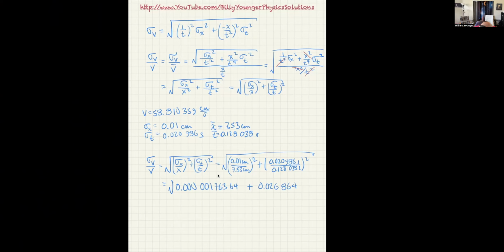Let's do a couple more digits. Let's call that 67. So that has no units as well, so I'm just going to add this 0.026 to 0.00000017636.